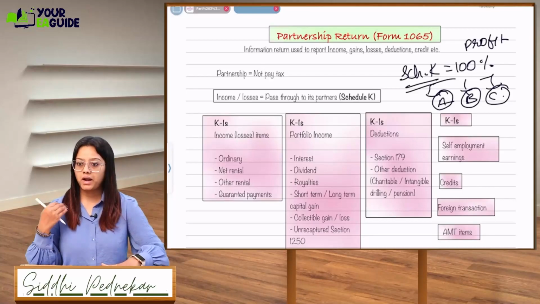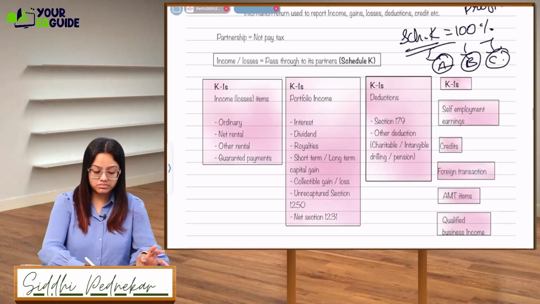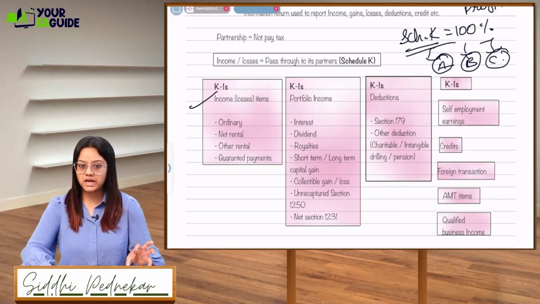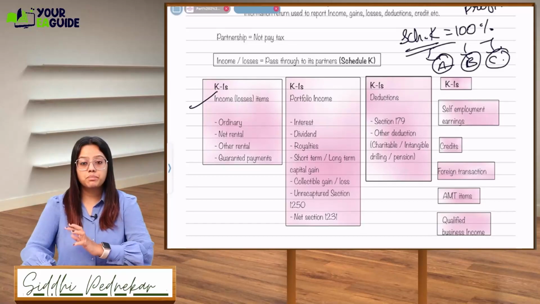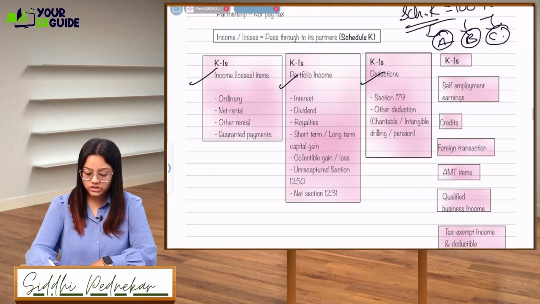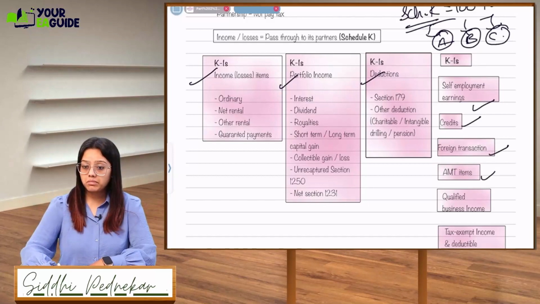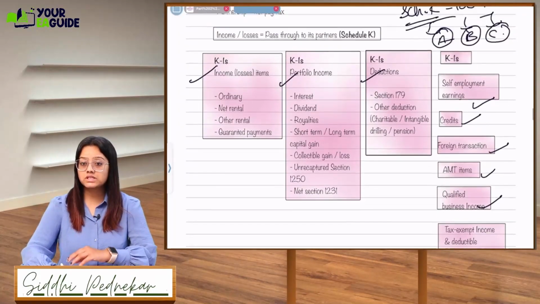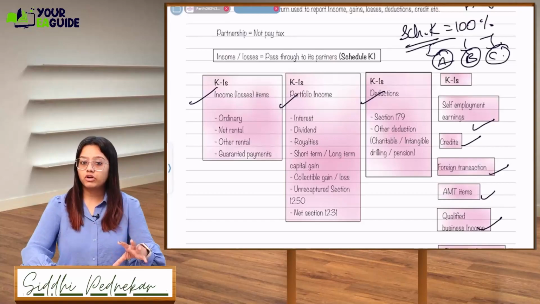Now the K1 is distributed into different categories. When you look at the K1 practically, it is based first on all the income and loss items. Then the second segment is portfolio income. Then deductions, then certain credits, then self-employment earnings, foreign tax transactions, AMT items, and qualified business income. So this is the whole segregation of your K1 items.